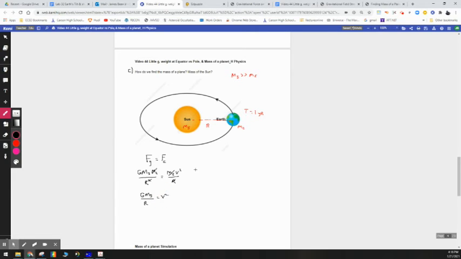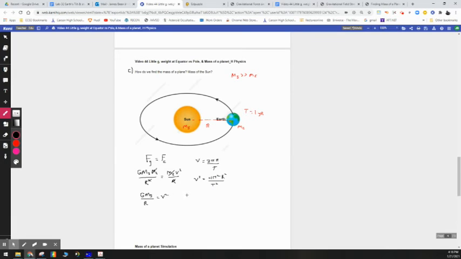Now remember v: it's a nearly circular orbit, so we can use 2 pi R divided by T. Therefore v squared equals 4 pi squared R squared over T squared. We're going to substitute this in.